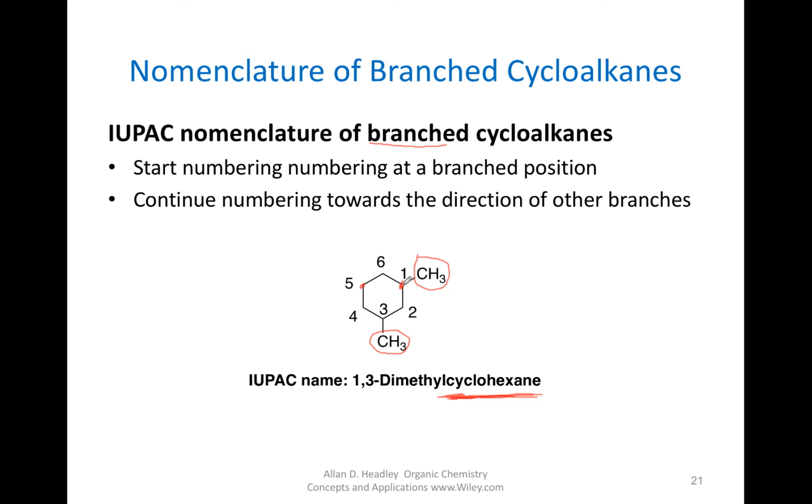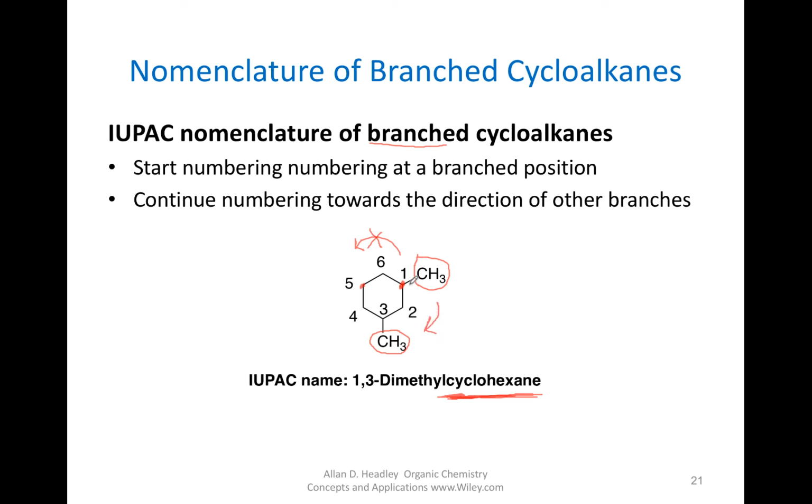Once you have identified that carbon, you need to go in the direction of the other branch in terms of numbering. So we go 1, 2, 3, 4, 5, 6, and not in that direction. That's not correct. We go in this direction because of the branch.